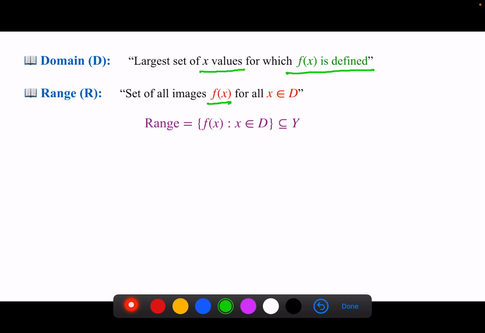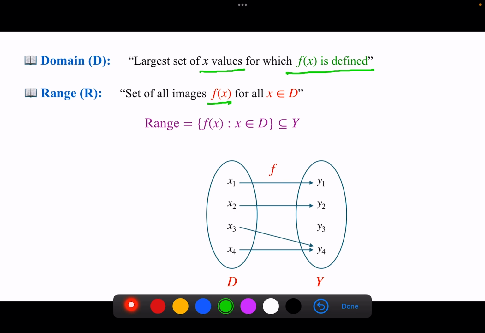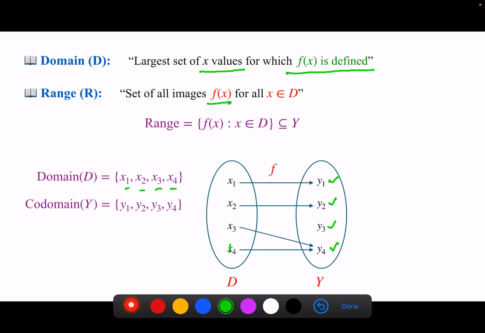For example, look at the diagram here. The domain is the set x1, x2, x3, x4, the set of all these points. And codomain is the set of y1, y2, y3, and y4.